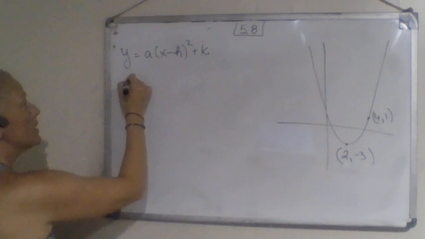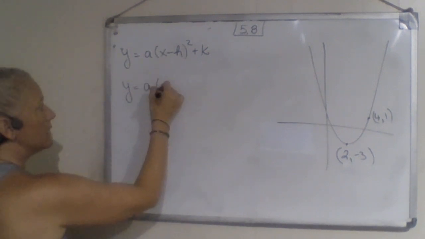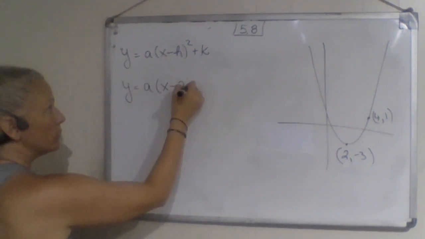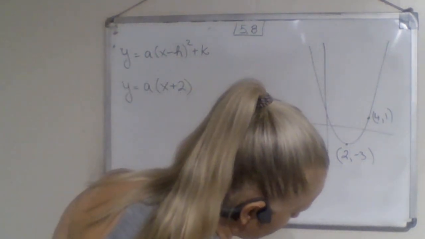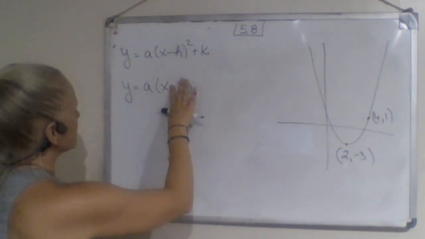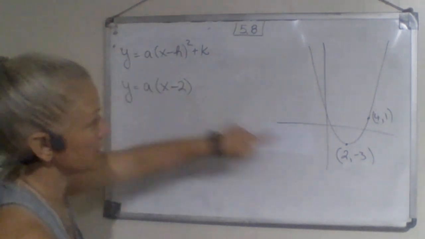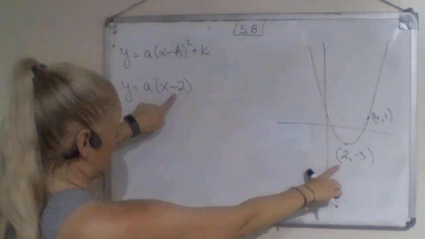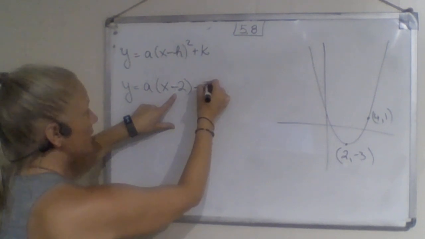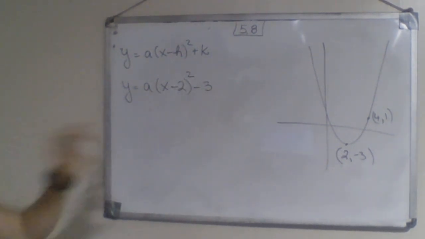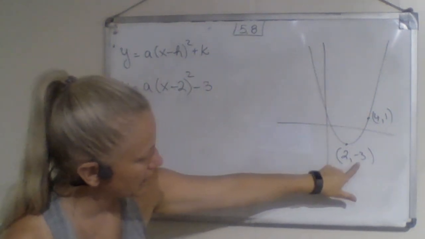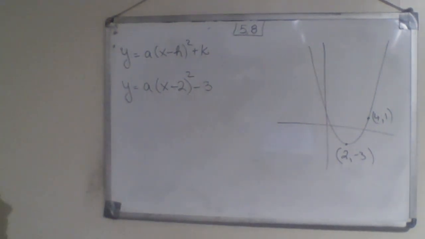So this becomes y equals a, x minus 2. Sorry, the solution was 2, so it's x. No, it is minus 2. Sorry, because it's a minus. Minus 2, that's a positive, it becomes a negative. And then minus 3. And this is all squared. Let's remember that it's all squared, okay? And then the k stays with its sign. Whatever sign it has, it gets over there.